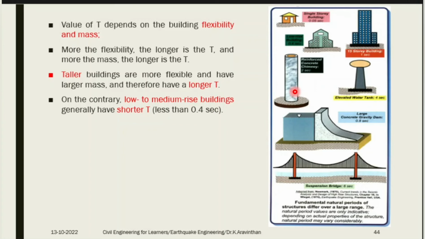In one chimney, they will have Portland cement, in another chimney, fly ash, and like that. They will have different numbers of chimneys. They have a time period of 2 seconds. And for a dam, you will have a time period of 0.8 seconds. And for a suspension bridge, the time period is around 6 seconds.